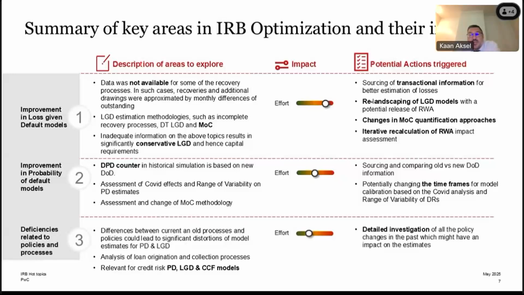In such cases, additional drawings were approximated by monthly differences of outstanding, which can obviously be improved by sourcing better transactional information or by re-landscaping all LGD models, with a potentially significant release of risk-weighted assets. That in turn might also lead to changes in MOC quantification.